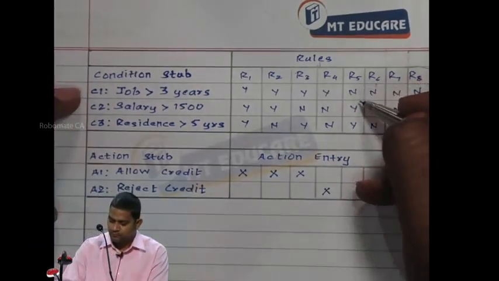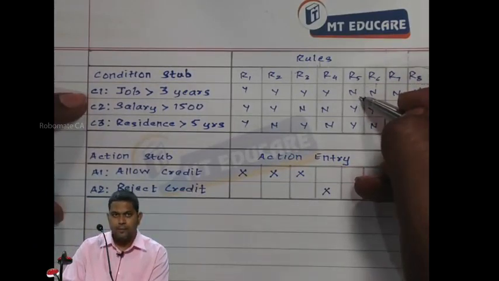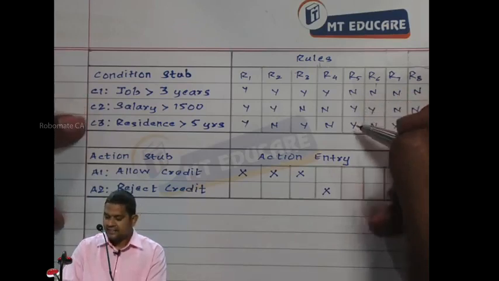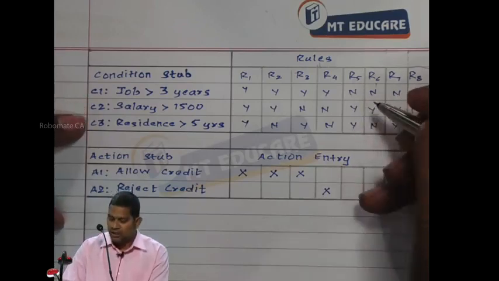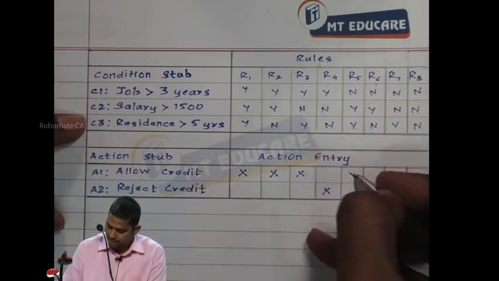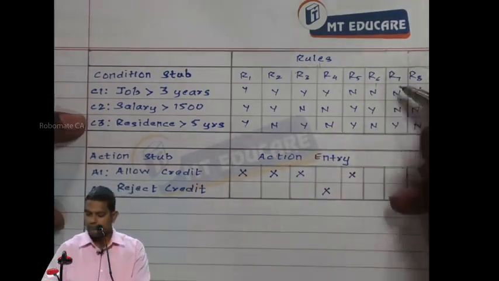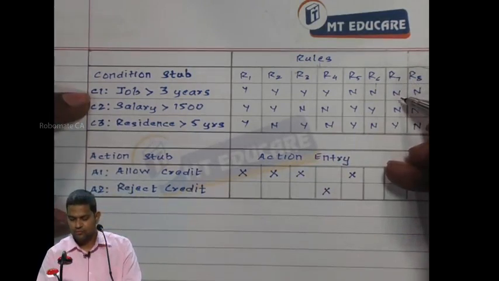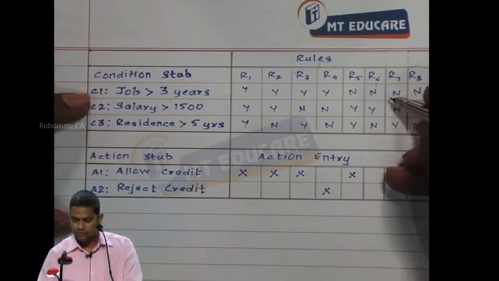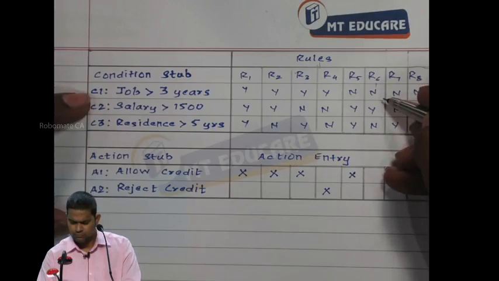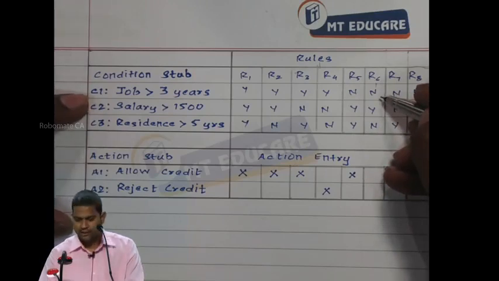Check the fifth rule. Is the job greater than 3 years? No. Is salary greater than 1,500? Yes. Is residence greater than 5 years? Yes. Two conditions are satisfied, so credit will be allowed. Now check the sixth.